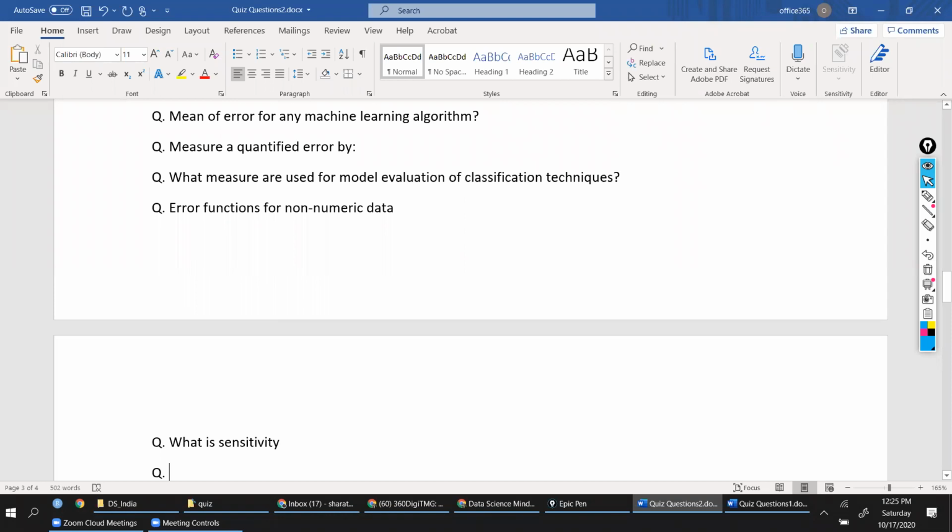Sensitivity is basically a measure which talks about how many times the true event was correctly identified or predicted as a true event. Right? So we need to get true events correctly identified as true events.